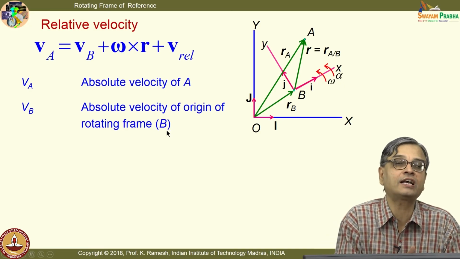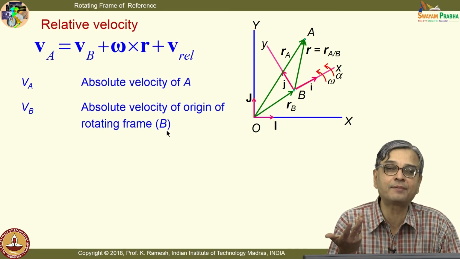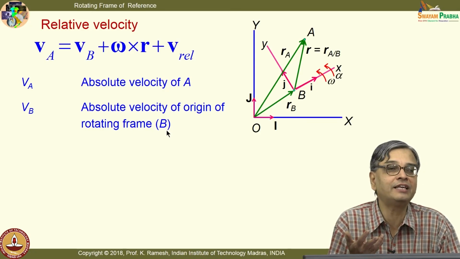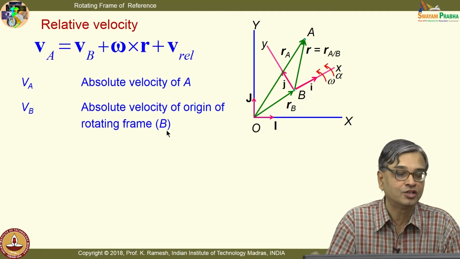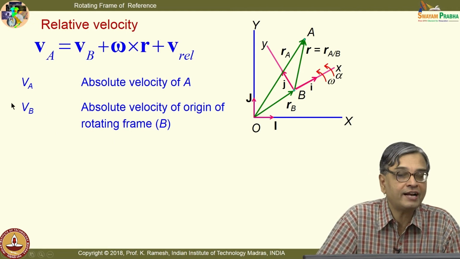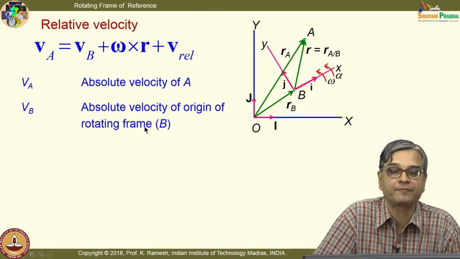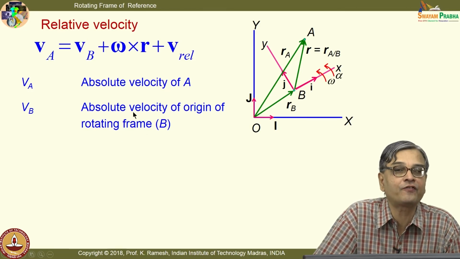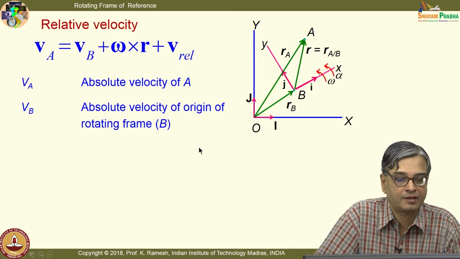See, in this context, I have labeled it as B. In some other problem, it is labeled with some other symbol D or E or F. You should know how to apply it. So, this is nothing but coordinate velocity. Okay, VB is nothing but absolute velocity of origin of rotating frame. So, it is a better way of remembering the terms in this expression.